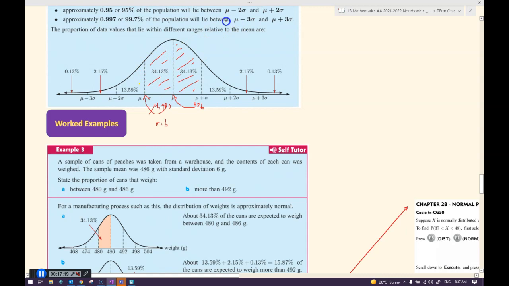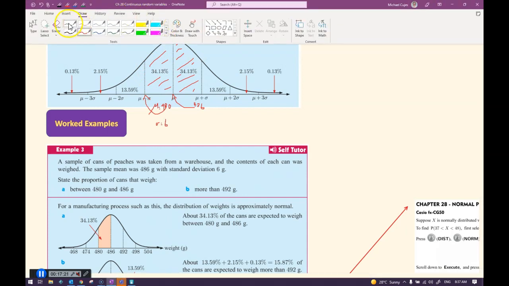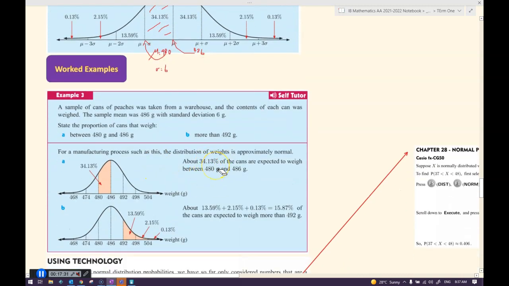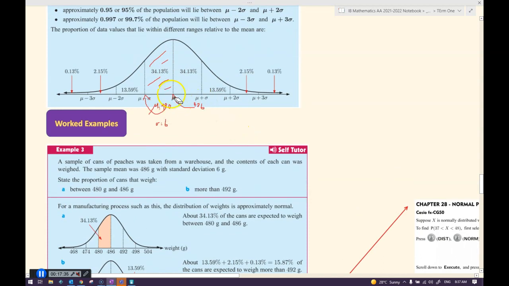Serves me right for trying to draw with a mouse, distracting me from reading correctly. But it's still within 1 standard deviation of the mean, so it's still 34.13%, or 0.3413 is the probability.